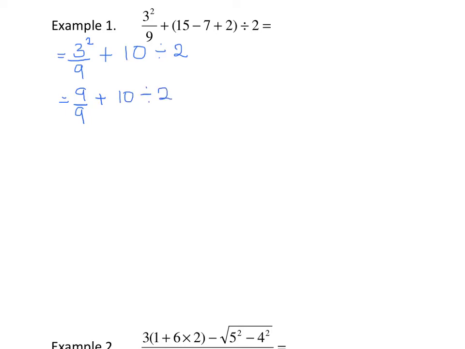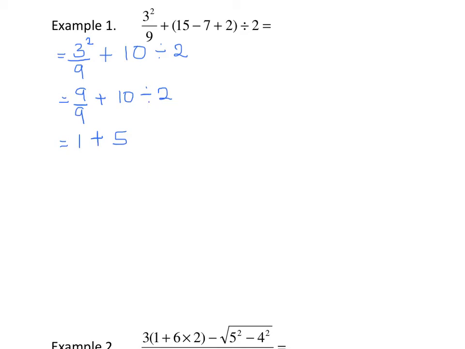Okay, so we've evaluated the exponent. Then we evaluate any division or multiplication. And you can see you've got a couple of divisions here. You've got 9 divided by 9, which is 1. And then we've got to add 10 divided by 2, which is 5.